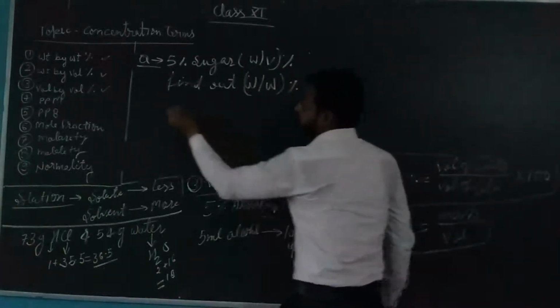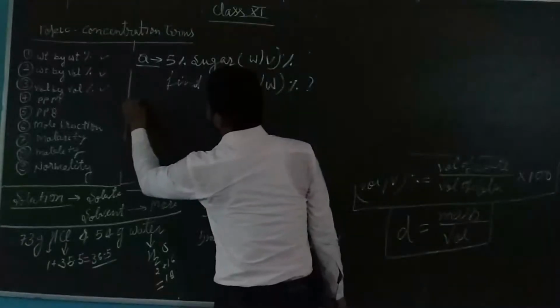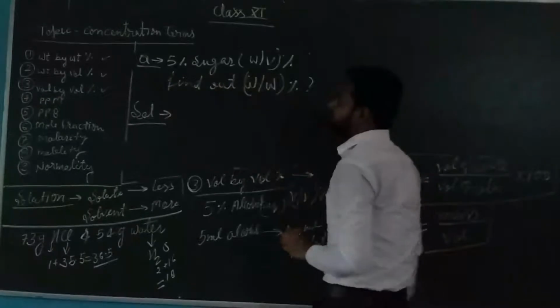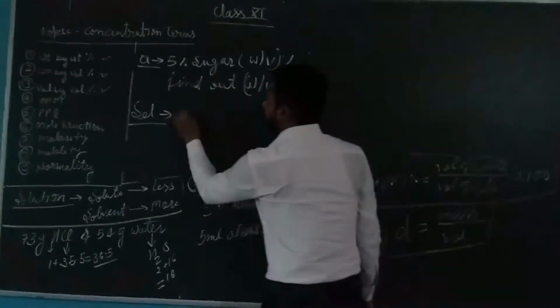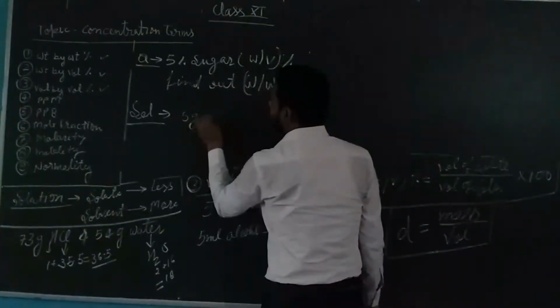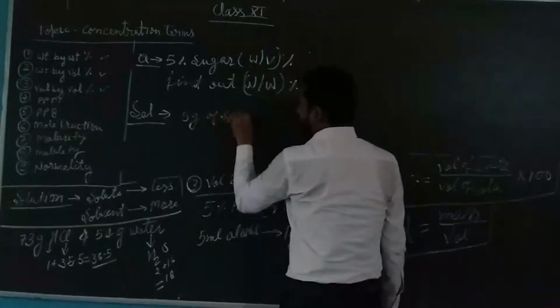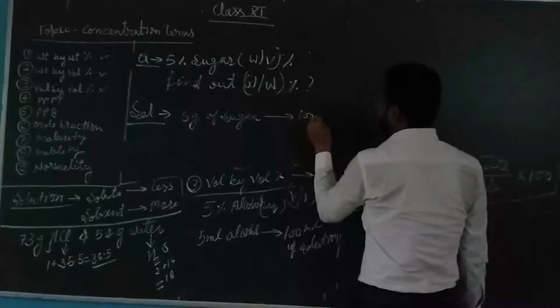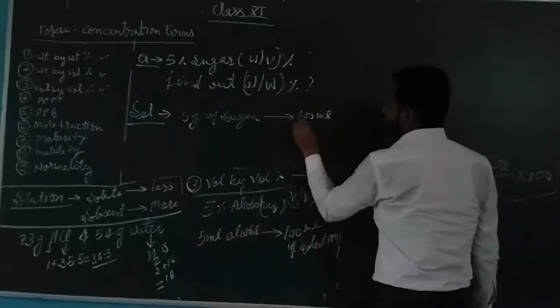So firstly we have to use the concept that 5% sugar solution weight by volume means 5 gram of sugar is present in 100 ml of solution.